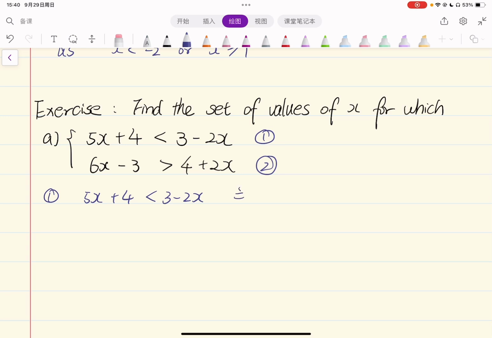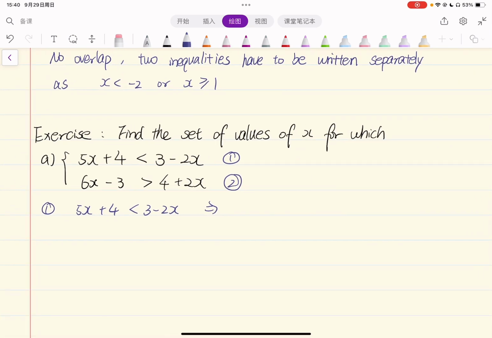Then we do it in a similar way as we do in equations, but in the inequalities. So we have 5x plus 2x greater than 3 minus 4. We have 7x.